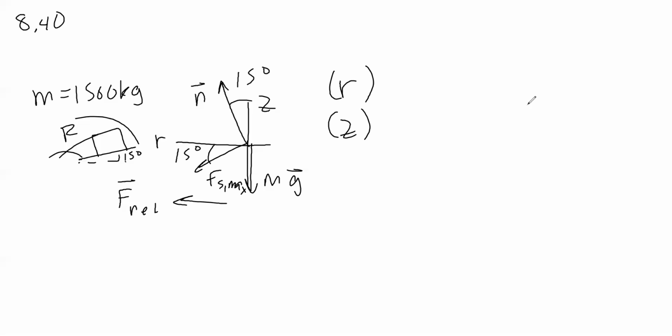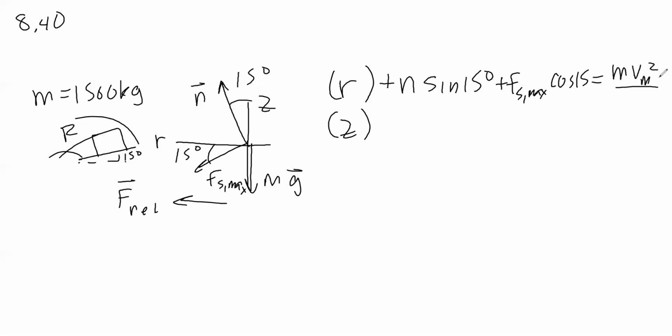So in the r-axis, we've got plus n sine of 15 degrees plus static friction max times cosine of 15 degrees, and that equals m v max squared over r. That's the sum of the forces in the r direction.